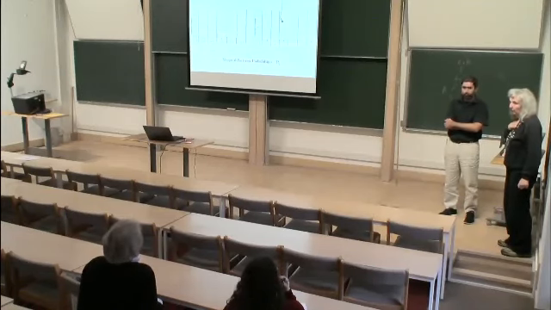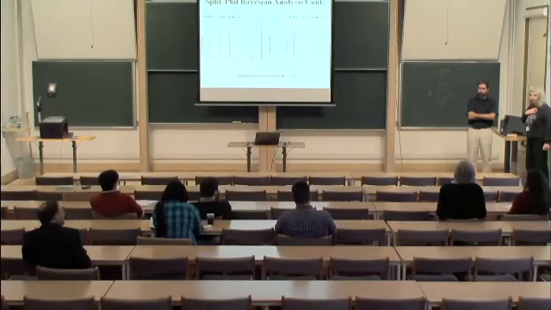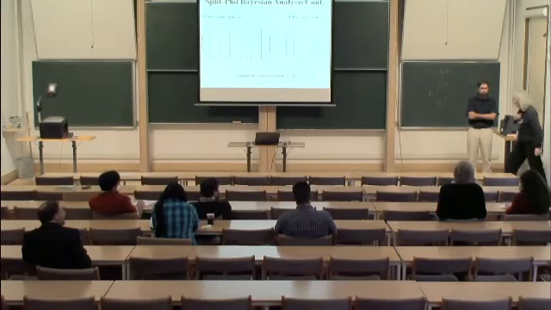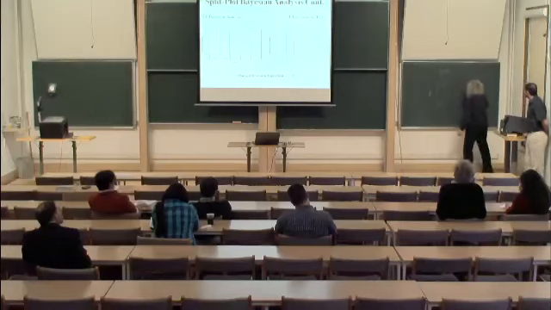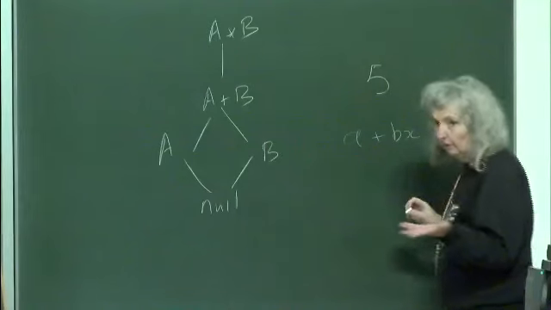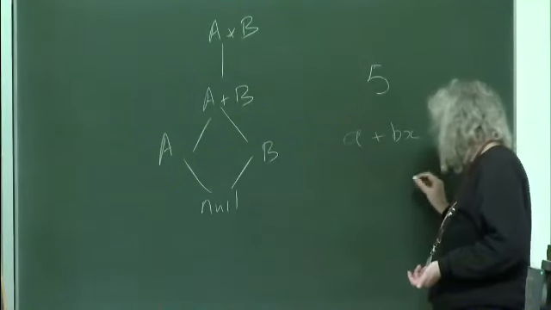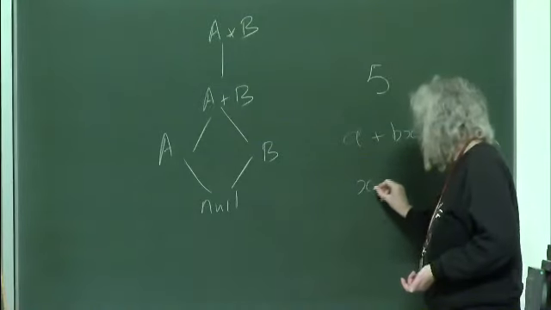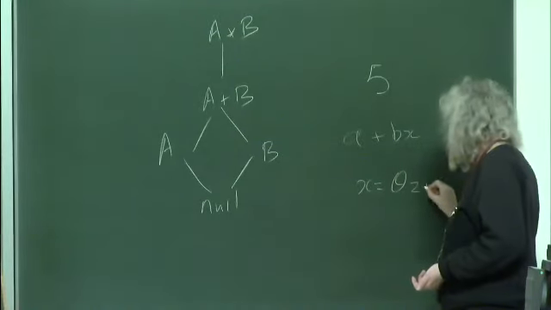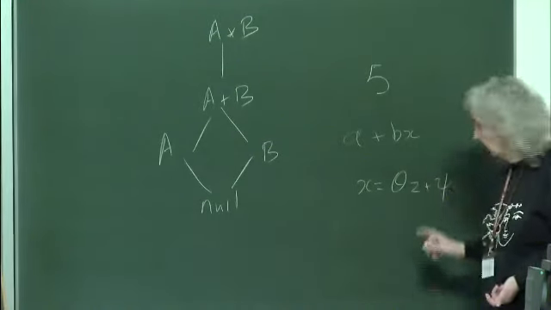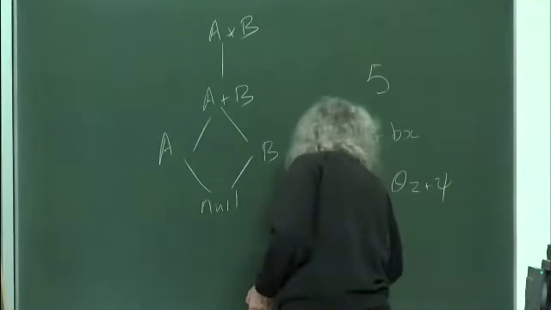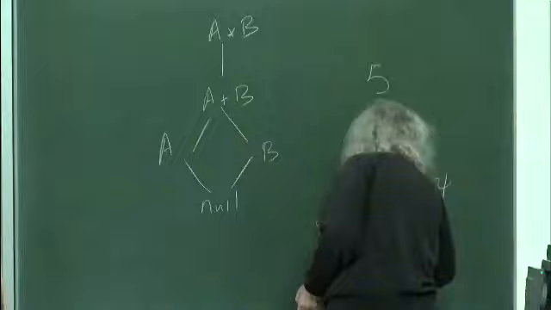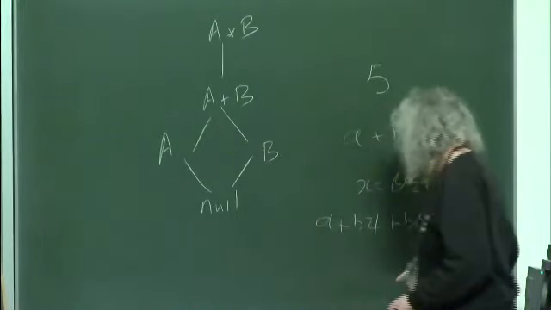Could anyone else explain that any better? If you have A plus Bx, and you replace that x, supposing we say x is equal to theta z plus psi, where we allow a change of origin, then what we get is A plus B psi plus B theta z.